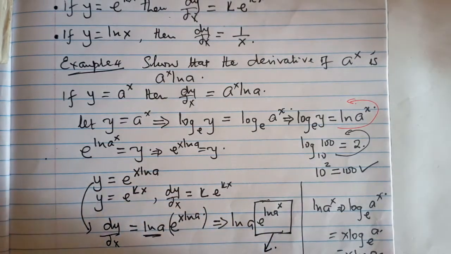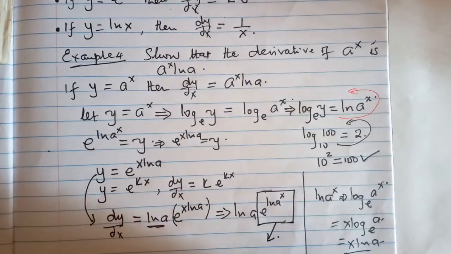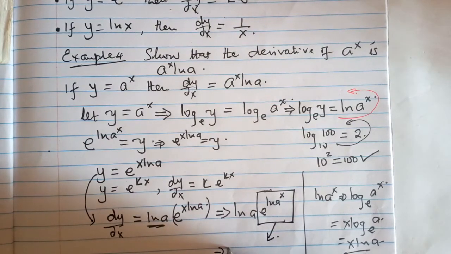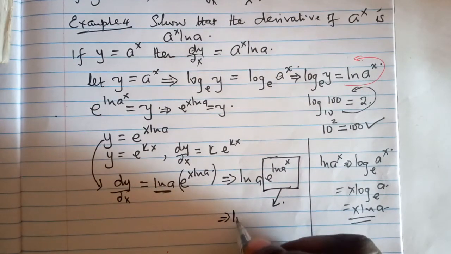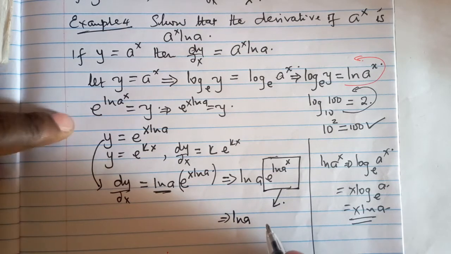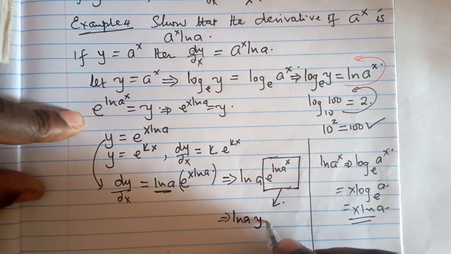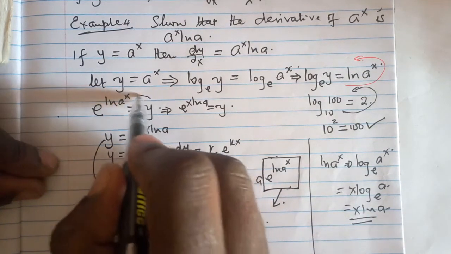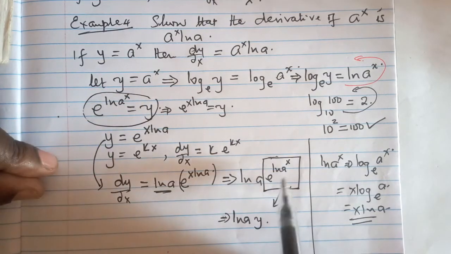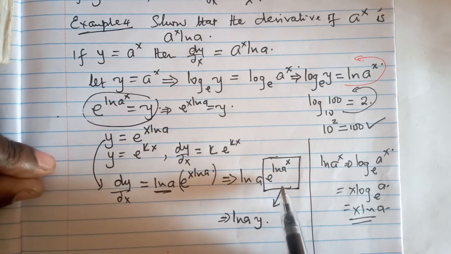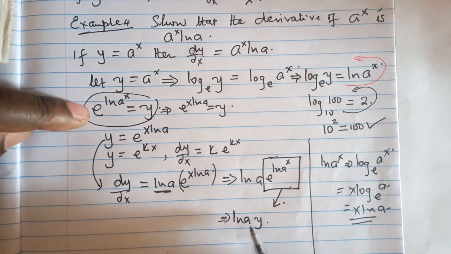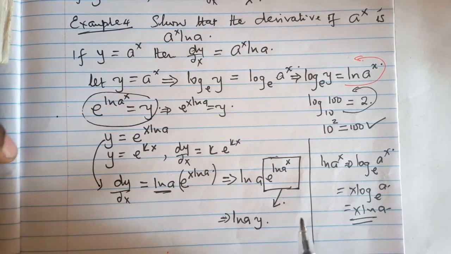So if you look at this, it is going to be ln a multiplied by y.